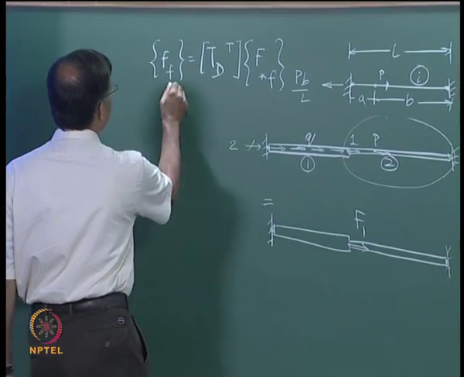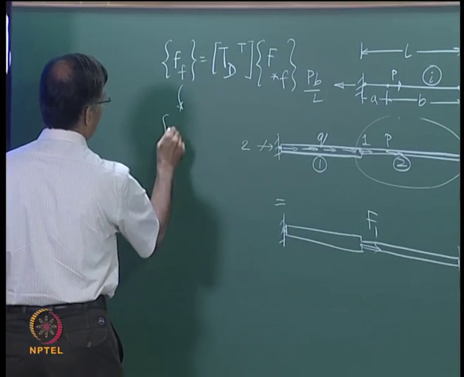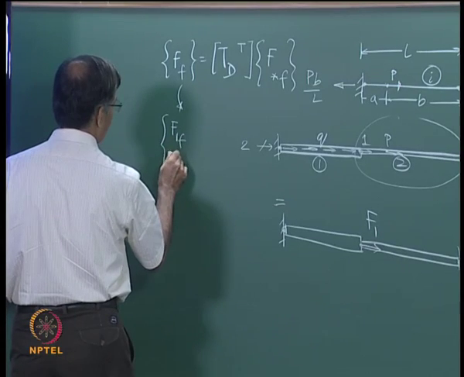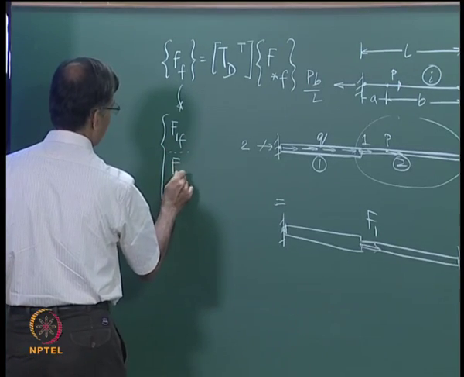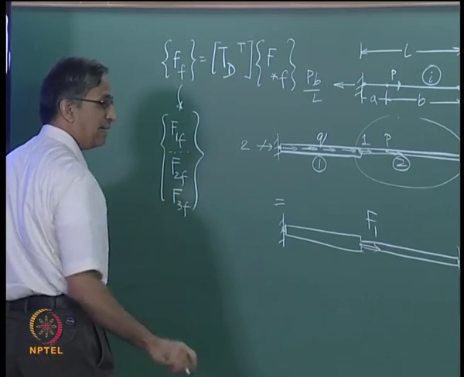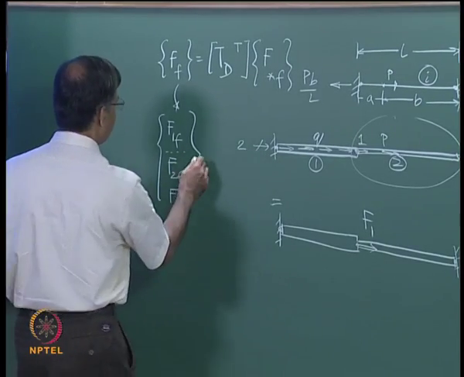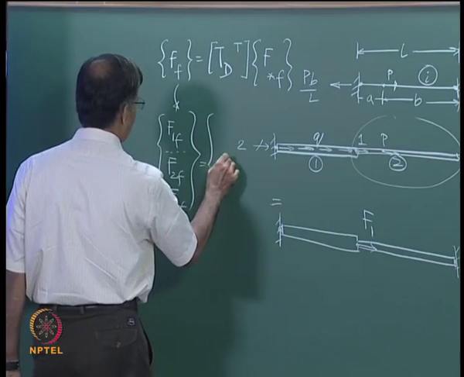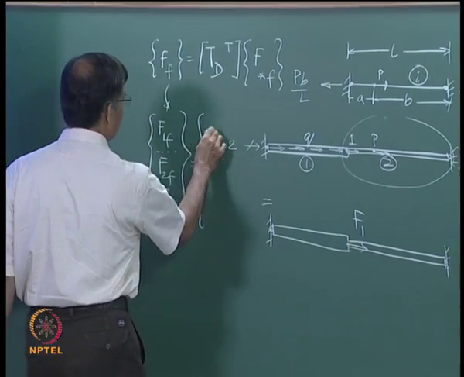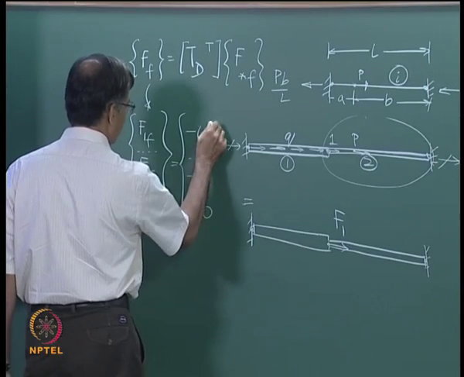So do not do it and just give me directly this value, which means what is F1F, and you can partition it like what is F2F. Can you give me these 3 values just by looking at that diagram? Tell me. 40, 20, minus 40, minus 20, minus 10. That's it.